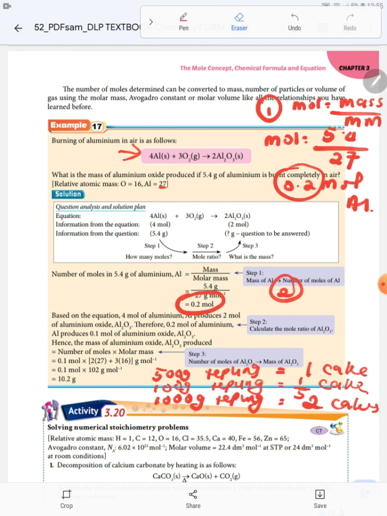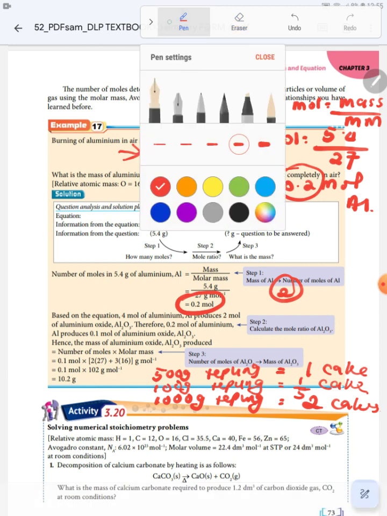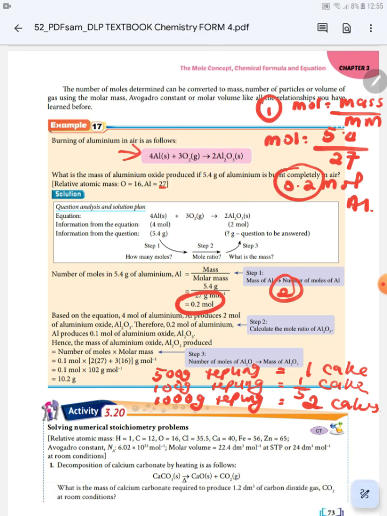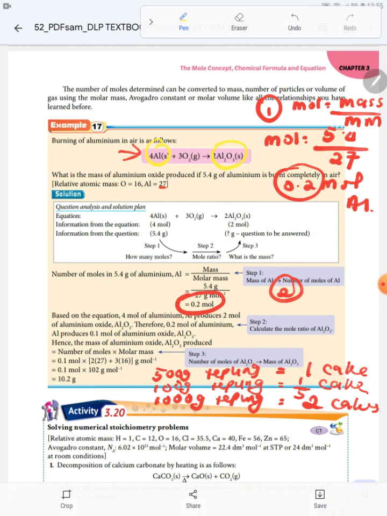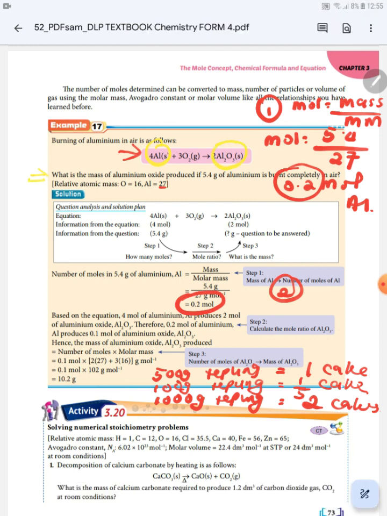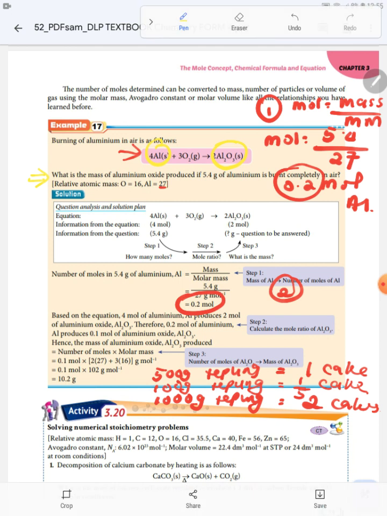Dia hanya mention about aluminium, and also dia mention about aluminium oxide. Jadi oksigen kita boleh ignore sahaja. Okay. Berbalik pada yang ini.